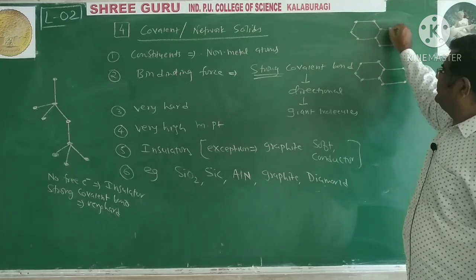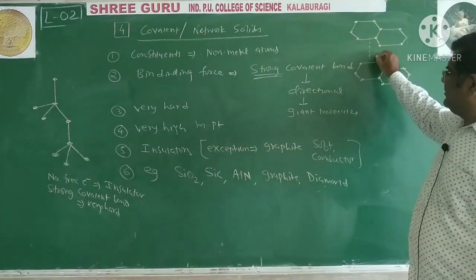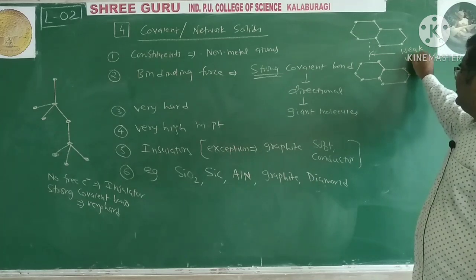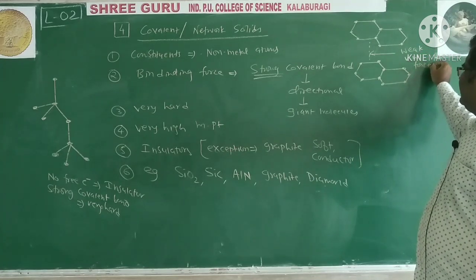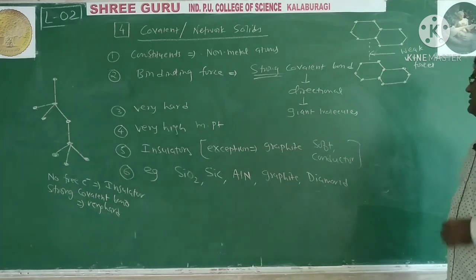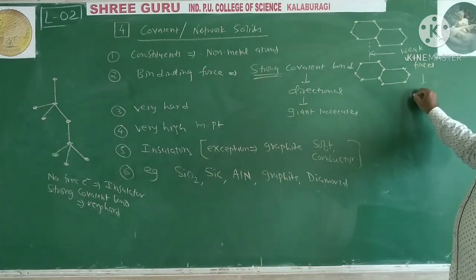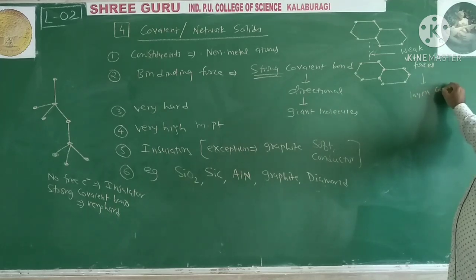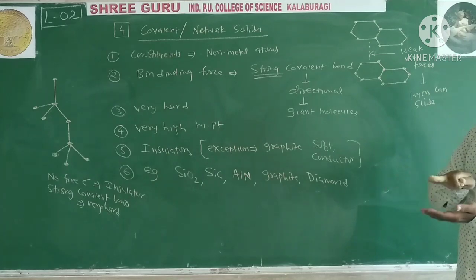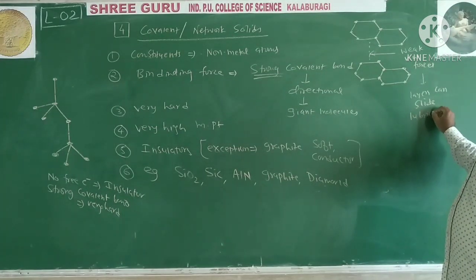Right. And these two layers have weak van der Waals force. The layers are bonded by weak van der Waals forces. Because of that, layers can slide, slip, and that's why it is used as a lubricant.